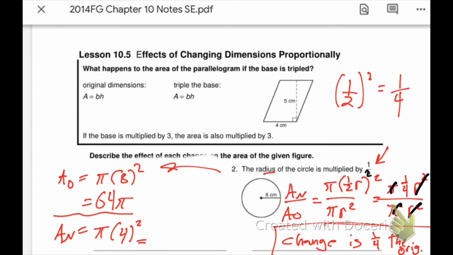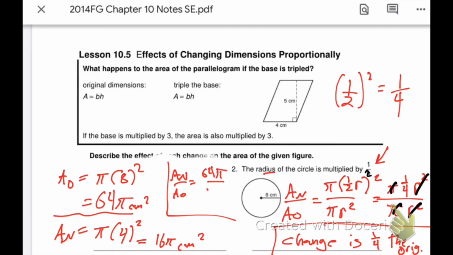So this gives me 16 pi. And then units squared. I just left off my units. Centimeters squared. So if I compare these two, area new over area original, 16 pi over 64 pi, well, that gives me 1/4. So I get the same thing regardless of which way I do it.